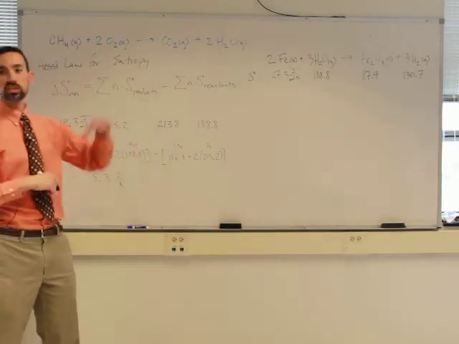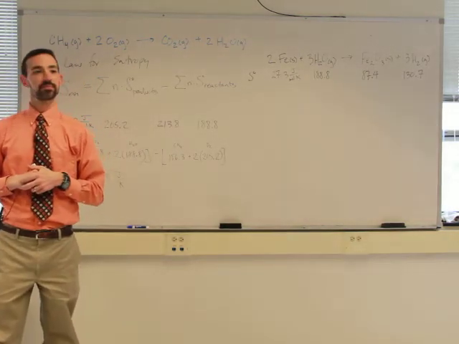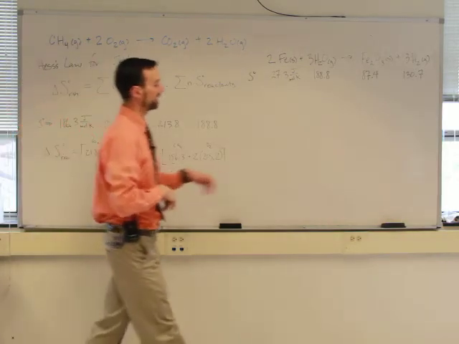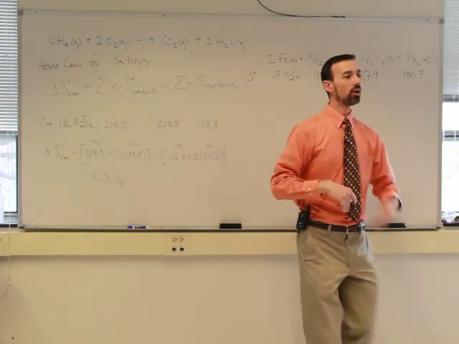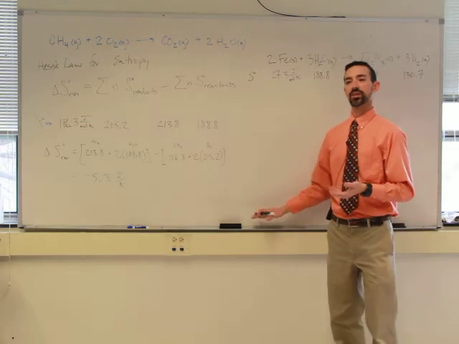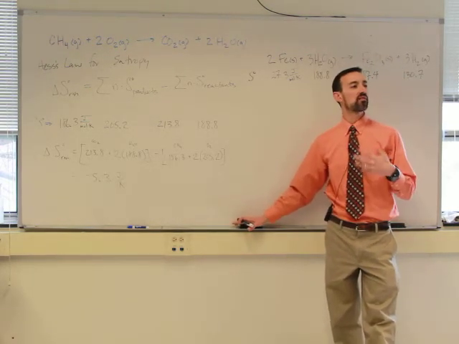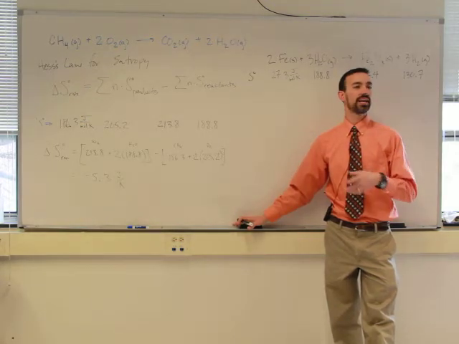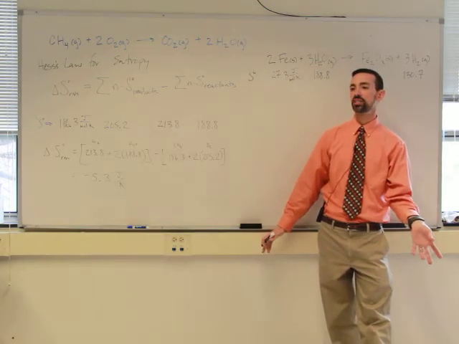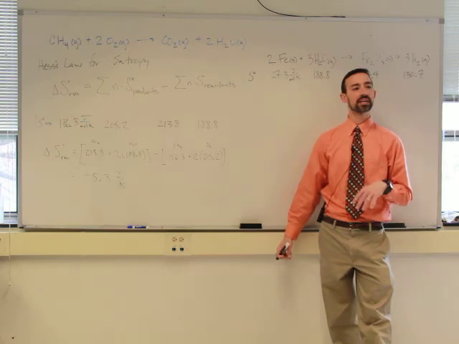Notice that all of these are positive, right? When we did this with delta H's, I've erased it, almost all of our delta H values were negative, right? That's because the enthalpy of formation of a compound is negative. You're taking it to a lower energy state when you form the compound from the elements.